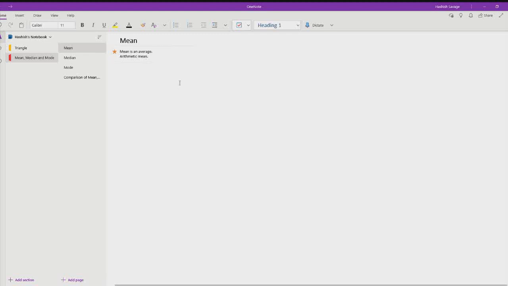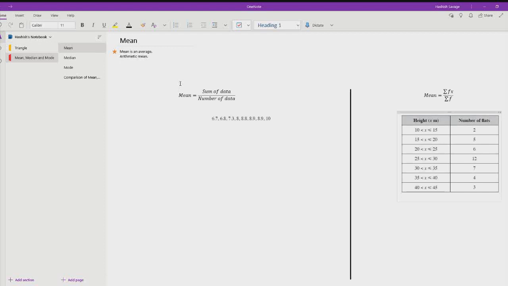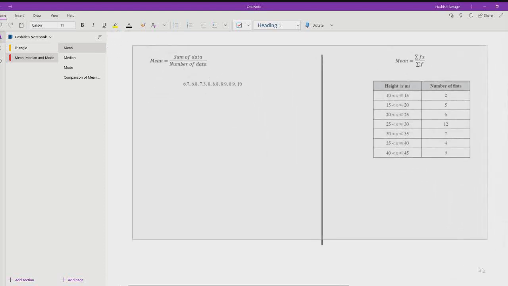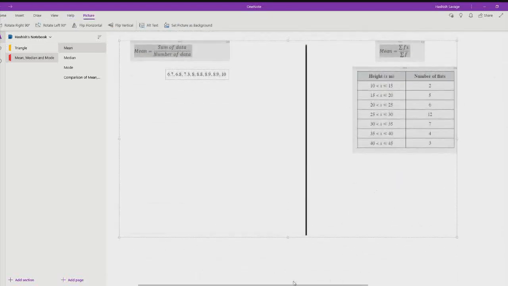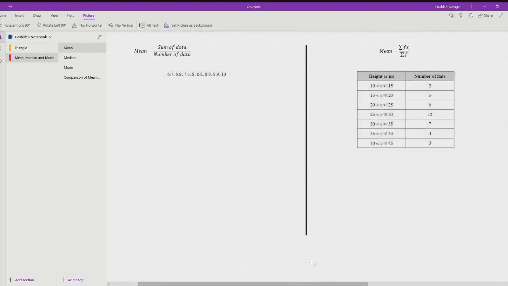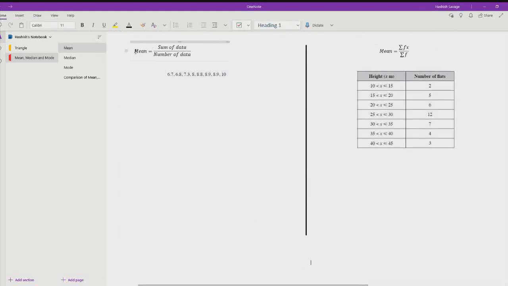So what kind of questions can you come across when you deal with mean? These are the two types of questions that you can come across while solving mean. First of all, as I defined earlier, mean is the sum of the data divided by the number of data.